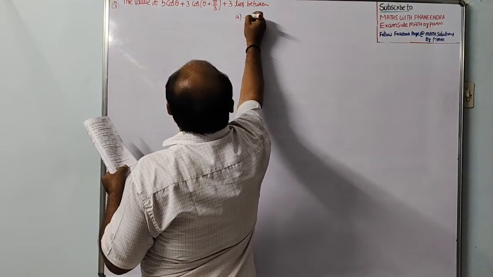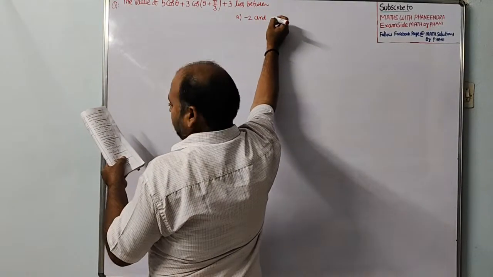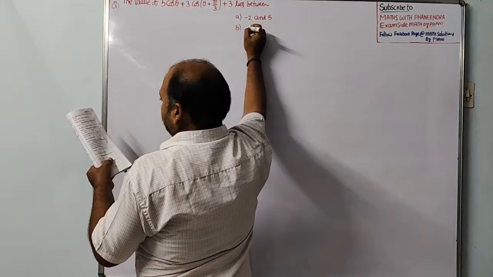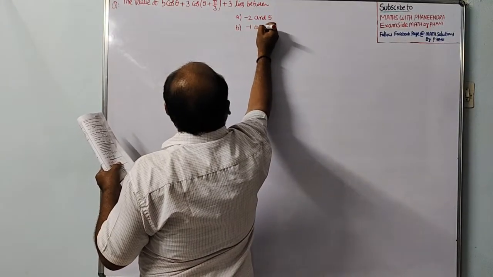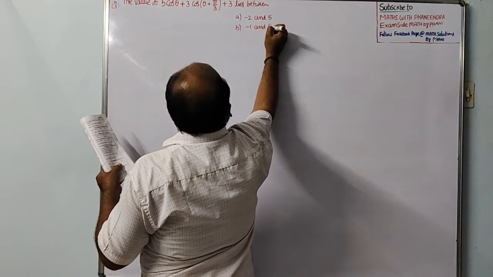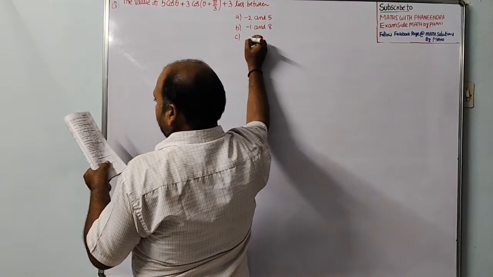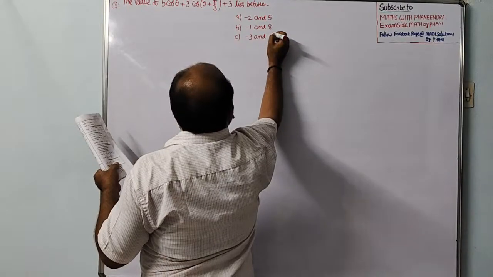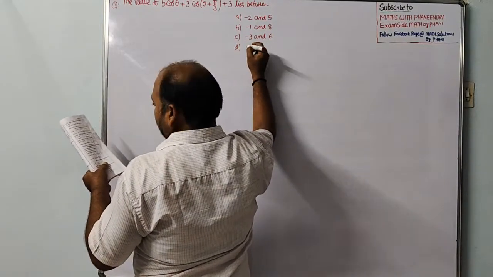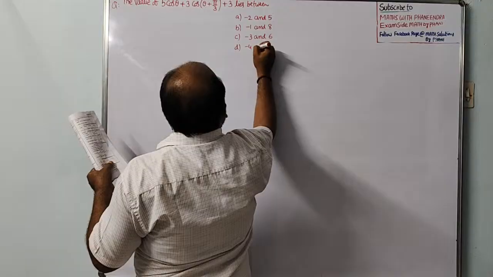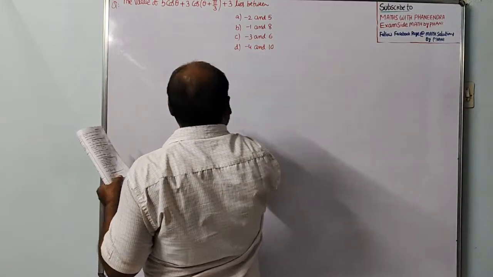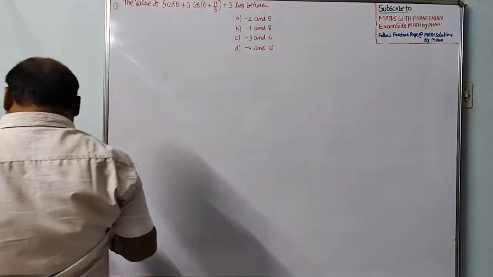So first option, minus 2 and 5. Second option, minus 1 and 8. Minus 3 and 6. Minus 4 and 10.